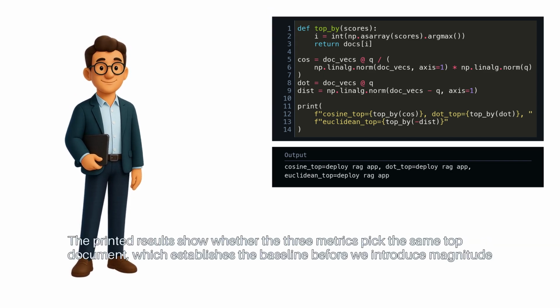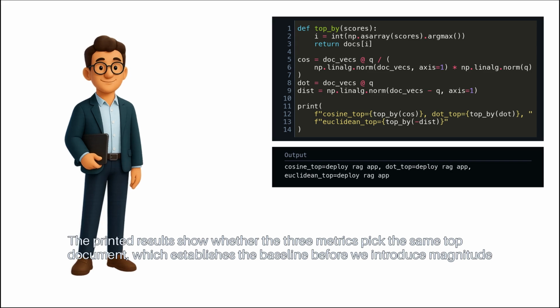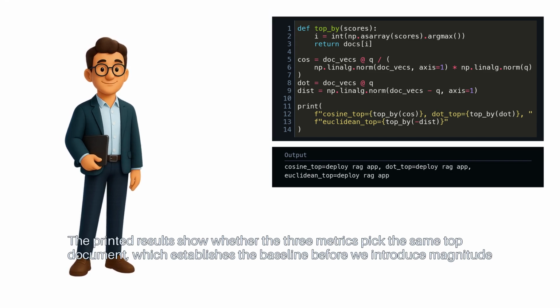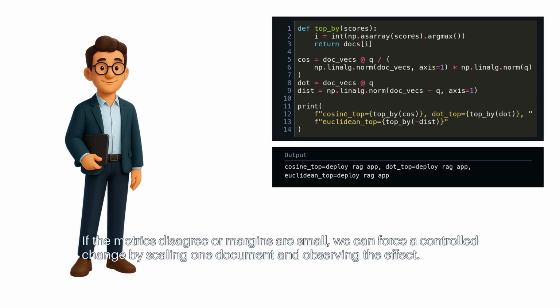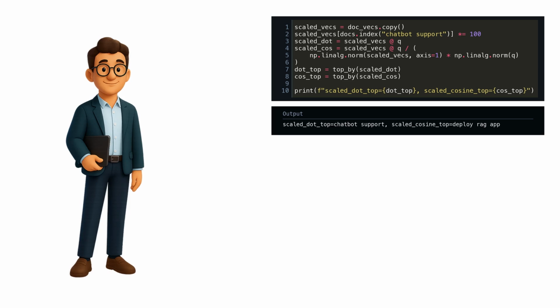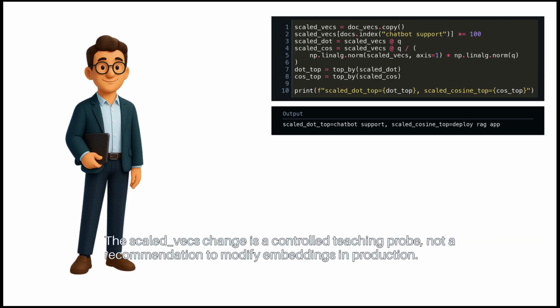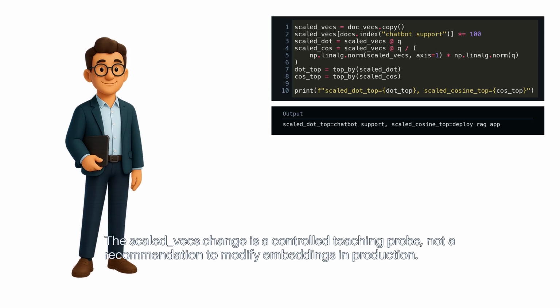The printed results show whether the three metrics pick the same top document, which establishes the baseline before we introduce magnitude changes. If the metrics disagree or margins are small, we can force a controlled change by scaling one document and observing the effect. This snippet makes the magnitude problem visible by scaling one existing document vector. The scaled vector change is a controlled teaching probe, not a recommendation to modify embeddings in production.